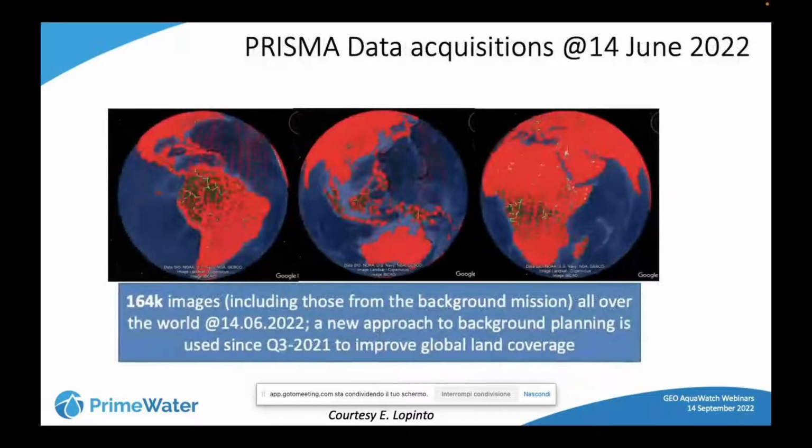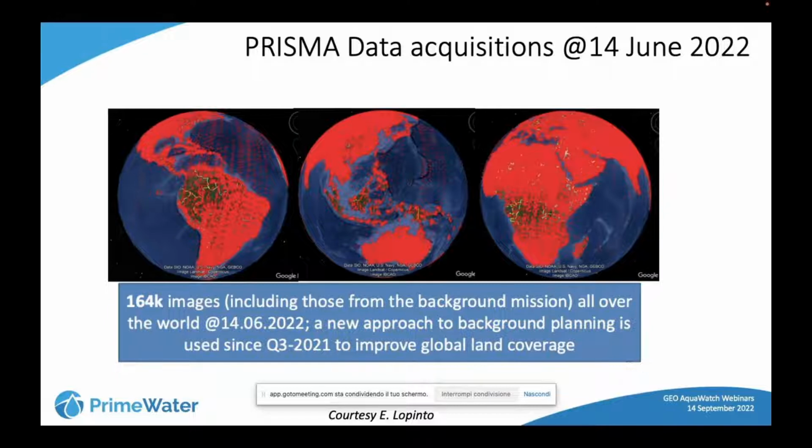And this also comes from the Italian Space Agency, in which the collection of imagery data available so far as collected by Prisma are plotted on the globe. So again, most of the data are collected on land because the background missions in which Prisma systematically acquires are mostly focused on land.